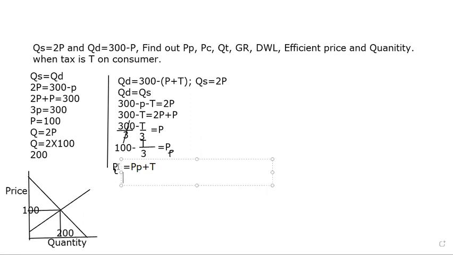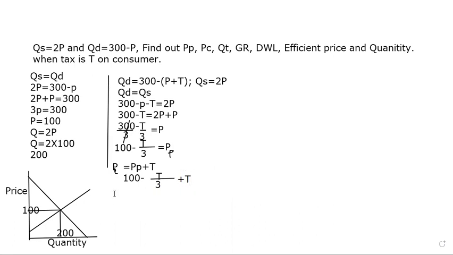So the price is 100 minus T by 3 plus T. This is the price of the consumer.